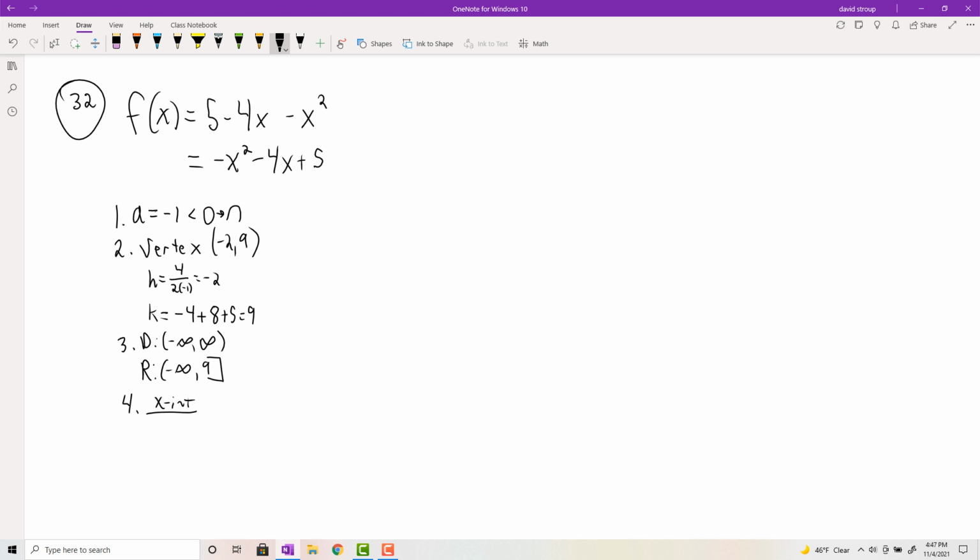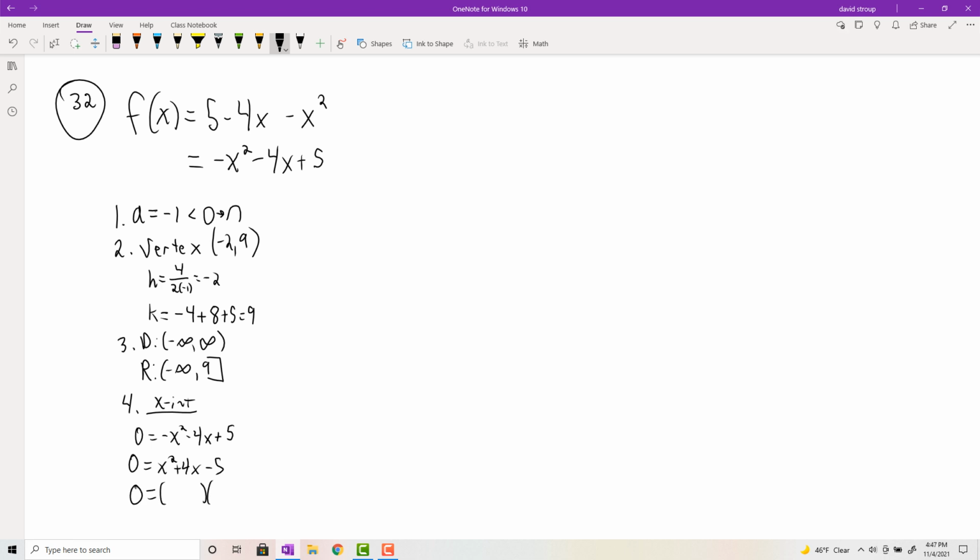So for the x-intercept, I'm gonna set it equal to 0 and then multiply everything by -1, so it's easier to work with. Originally, set equal to 0: -x squared minus 4x plus 5. Multiplying by -1, I'll have 0 equals x squared plus 4x minus 5. So it just changes all the signs. Then I can factor that.